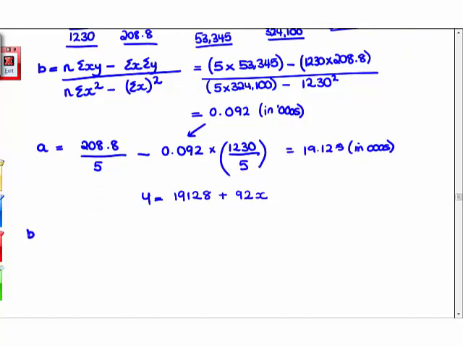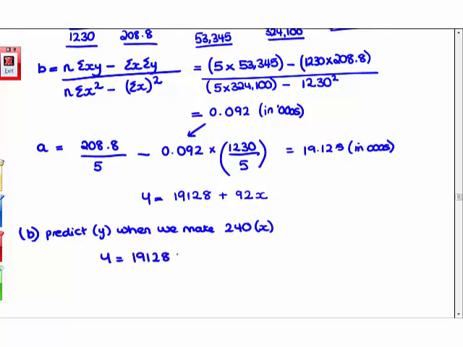So in part B of the question, we have to predict what the costs will be, so predict Y, when we make 240 units. So when X is 240, Y will be equal to 19,128 plus 92 times 240.